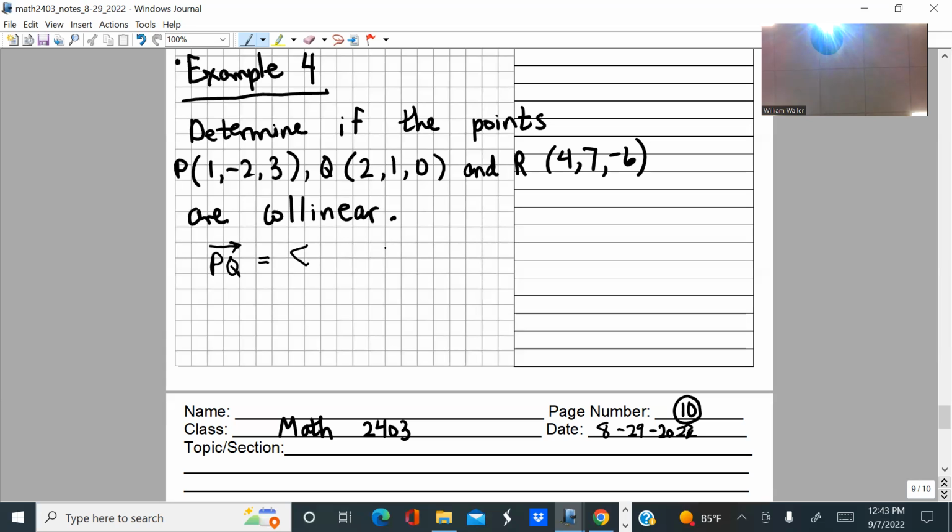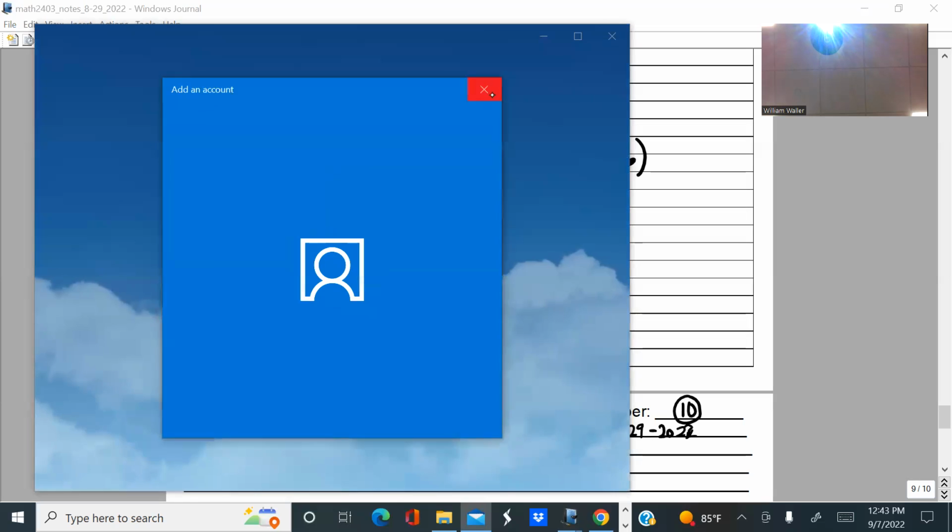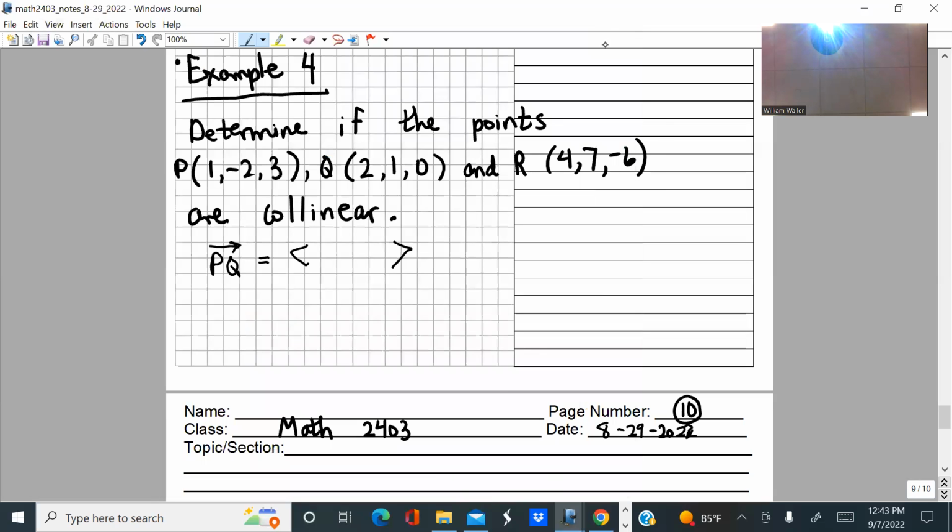So that vector from P to Q, just take a difference of the points, right? So we have 2 minus 1, which is 1. And then 1 minus negative 2 is 3, right? And 0 minus 3 is negative 3, correct? So there's the vector from P to Q.